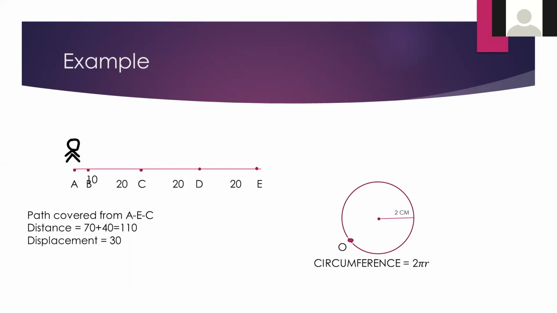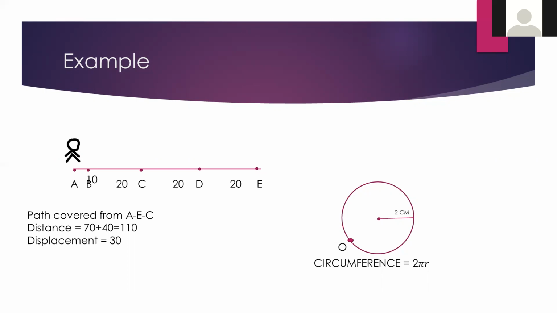But displacement is the shortest distance between the initial point and the final point. The initial point is A and the final point is C. The shortest distance between A and C is 30 meters. So the displacement will be 30 meters. Meters, centimeters, whatever, we are just taking the magnitude.